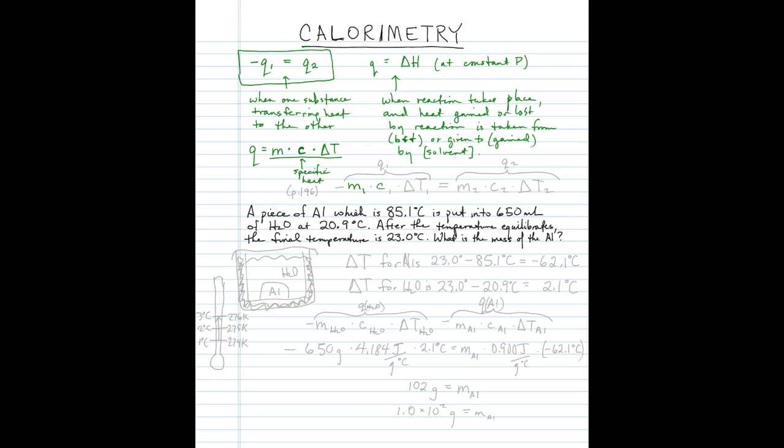In other words, how much we have of it, how much energy it takes to change its temperature, times how much the temperature changed for the first object. And that's going to equal the mass of the second object times its specific heat times its change in temperature.